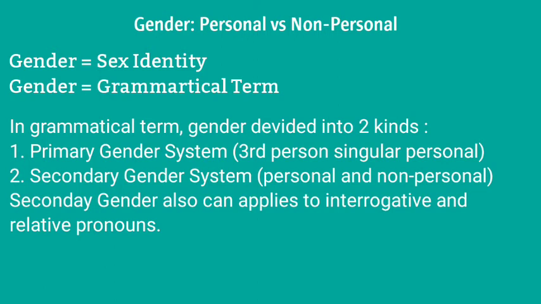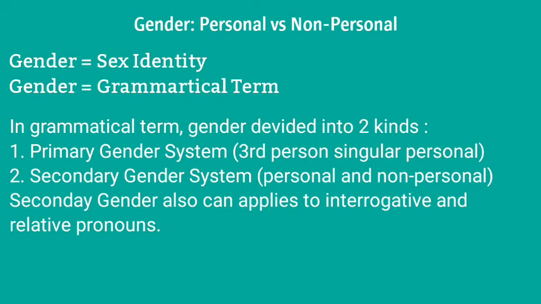First is the primary gender system, second is the secondary gender system. The primary gender system was already discussed in chapter 5. It applies only to third person singular personal pronouns, which are indeed based on sex.